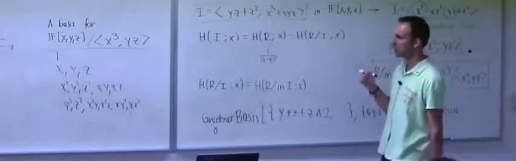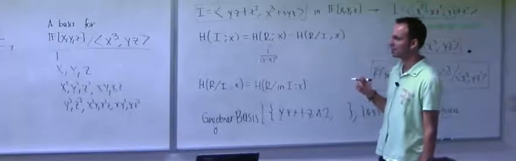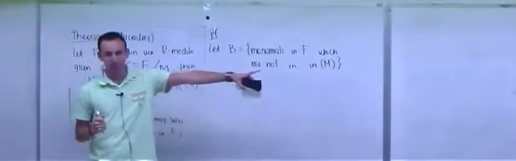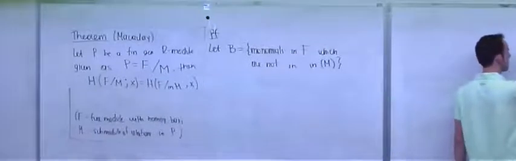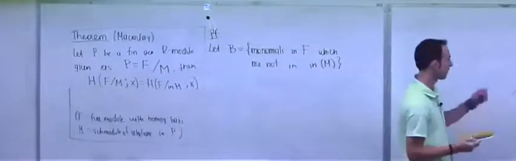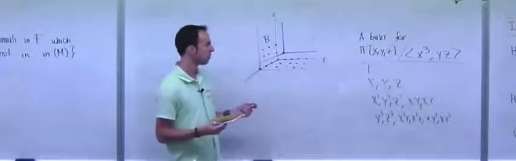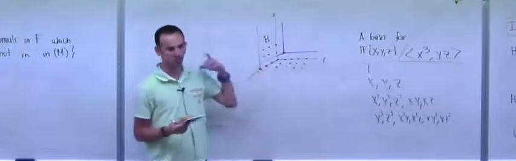And I'm defining B to be the monomials in F which are not in the initial module. Do you see why this set B is exactly the set of dots in this picture? This right here is B, all these black dots. They are the monomials which here correspond to dots which are not in the initial module, which is the purple stuff and the brown stuff.